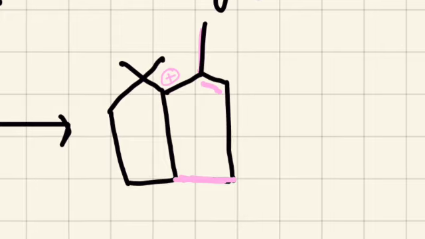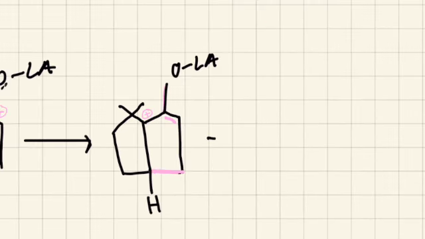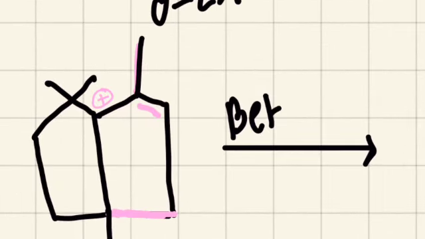However, we still need to help the carbon make a stable compound. So here we're doing a beta hydrogen elimination. This is the alpha position, and this is the beta position.